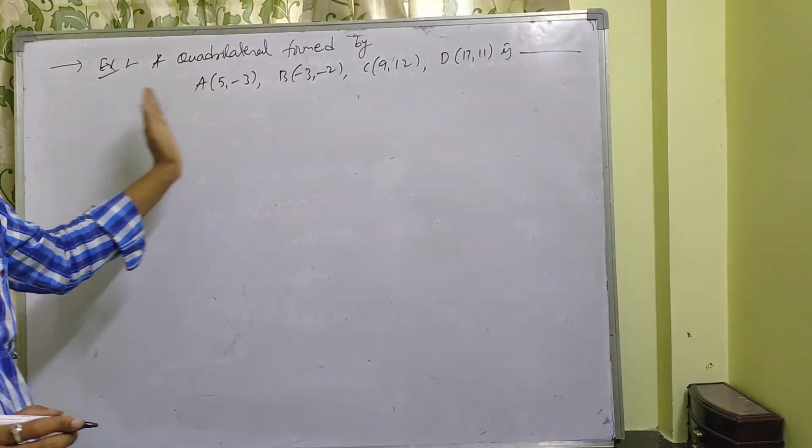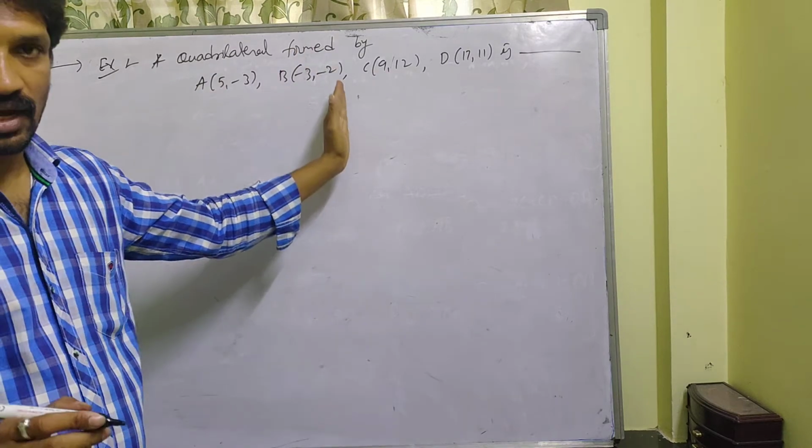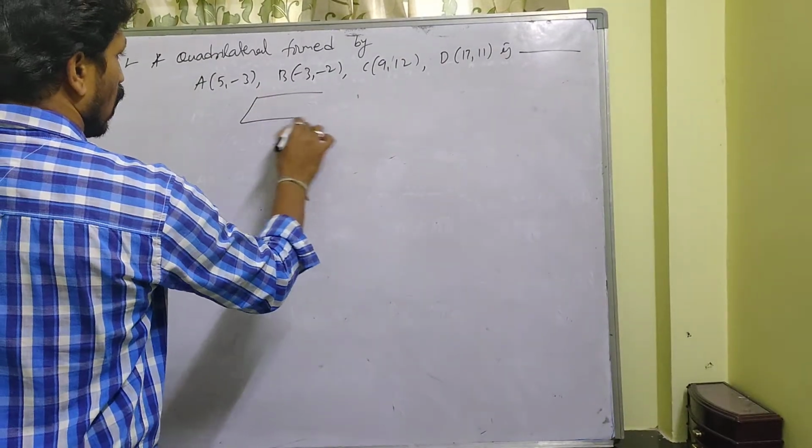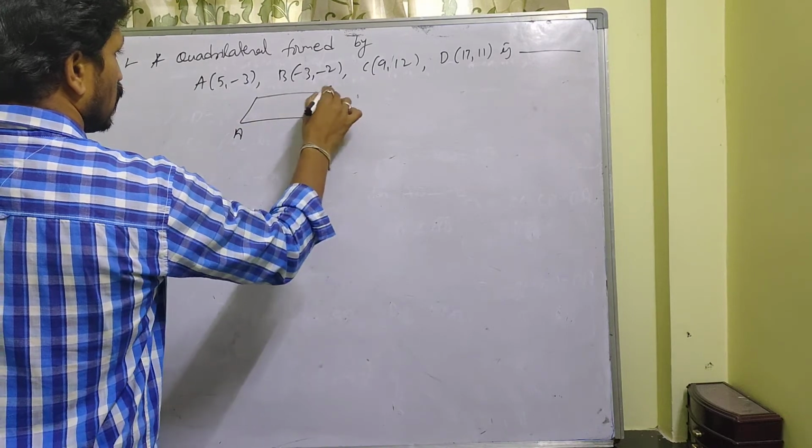They give the options: parallelogram, rectangle, rhombus, square. Okay, what we have to do? First you take the points in the order A, B, C, D.